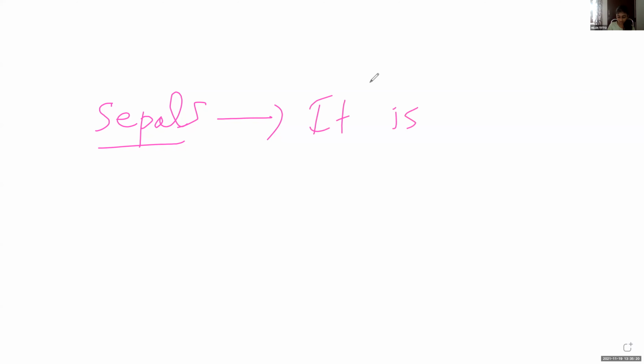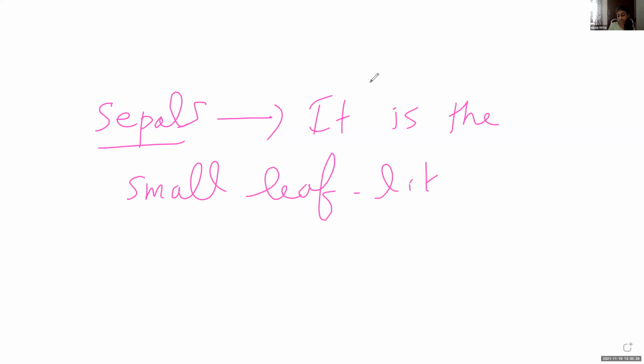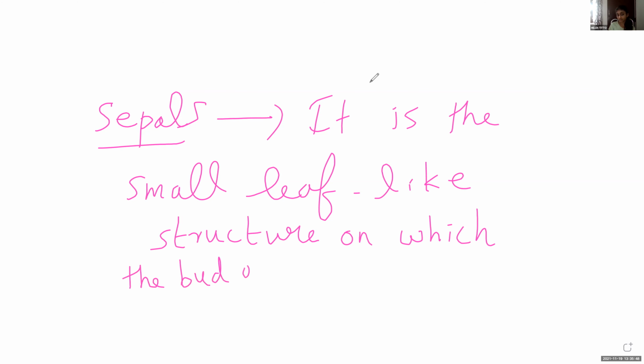It is the small leaf-like structure on which the bud of a plant forms.